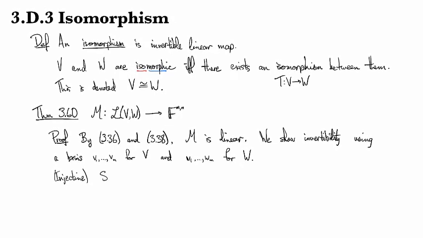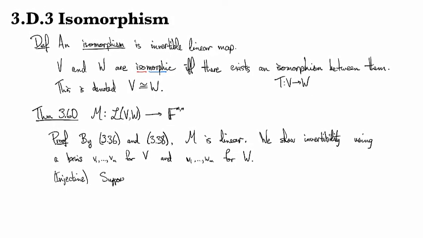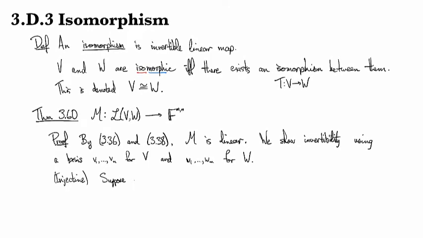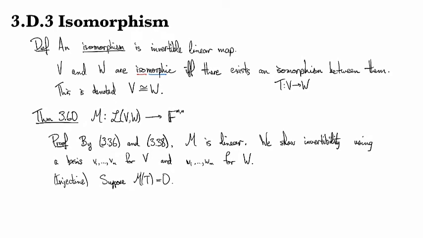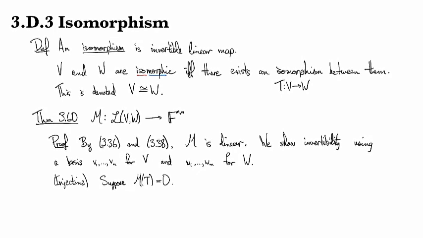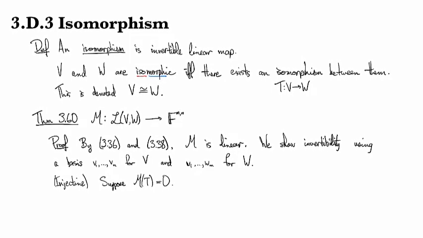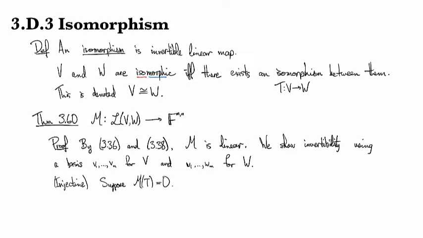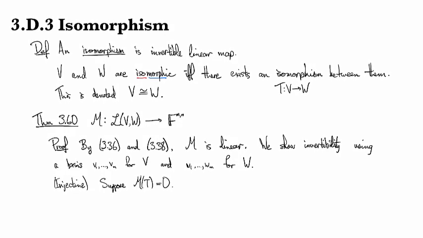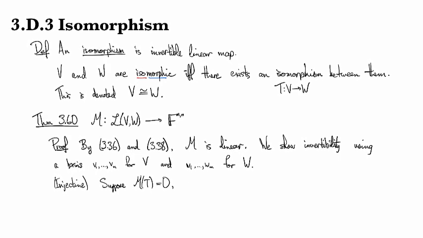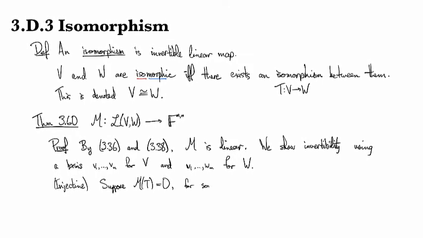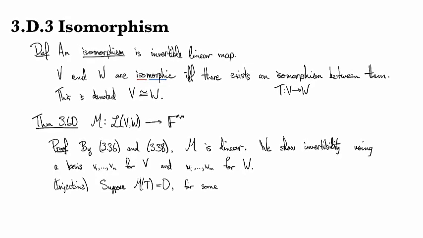So for the injectivity part, suppose that M takes T to 0. Then by our characterization of injectivity for linear maps, we know that this can only happen if M is injective when T is the 0 transform, right? So we need to show that this implies T is the 0 transform.